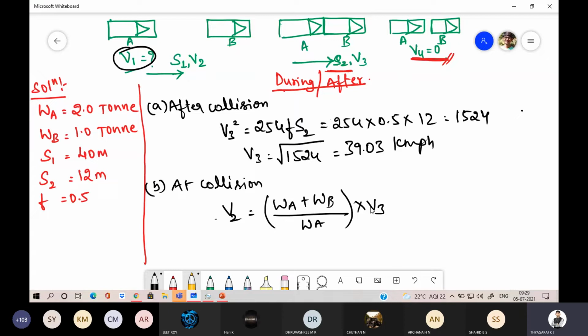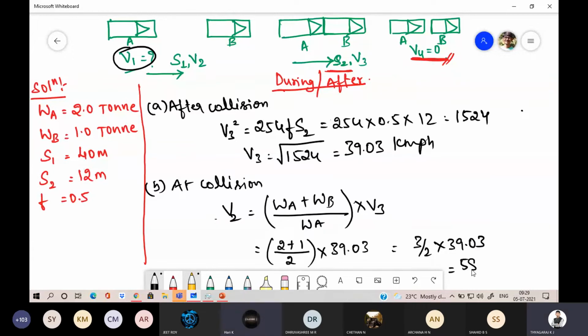So WA is 2 ton, WB is 1, divided by WA is 2, into 39.03. That is 3 by 2 into 39.03. The value is 58.95 kmph. Now we know V2 and V3. Can't we calculate V1?